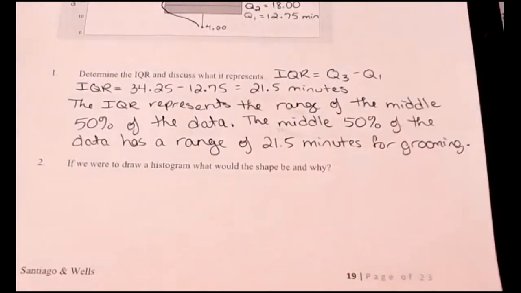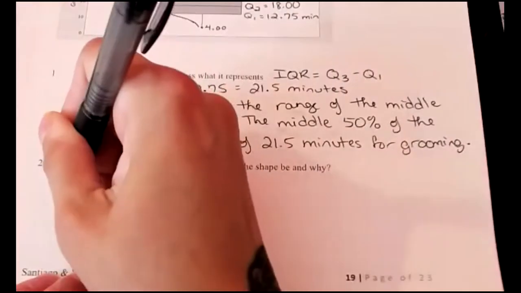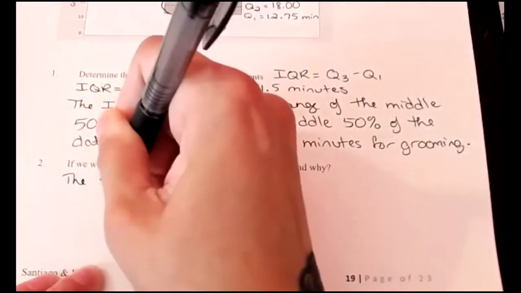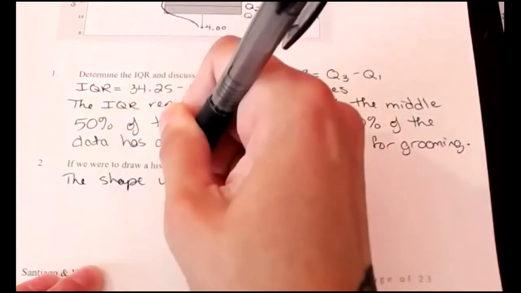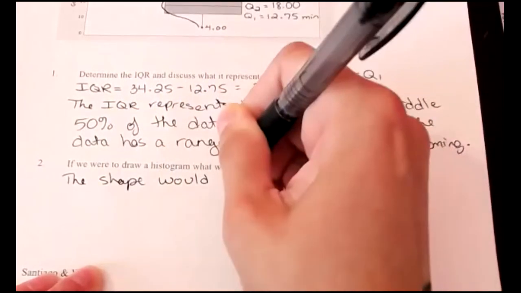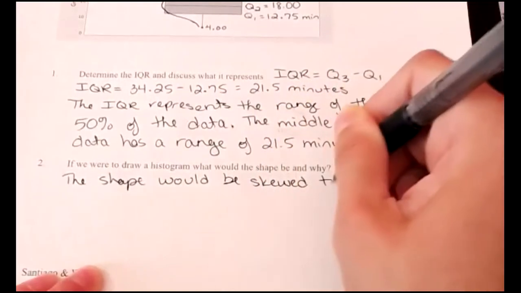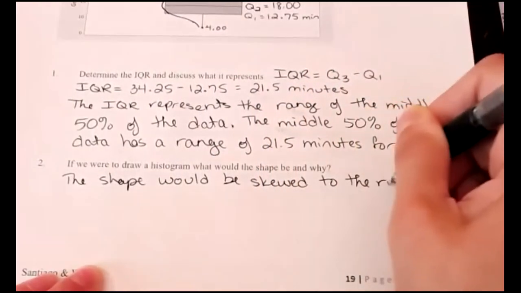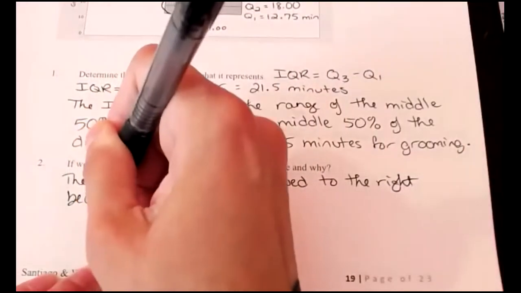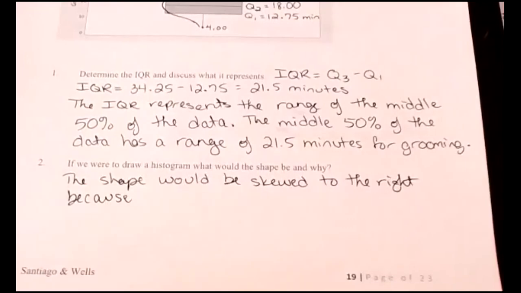So we will say the shape would be skewed to the right. Because, and here's just one way of describing this. I like all the dialogue that we're having.